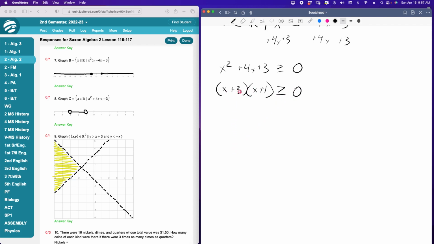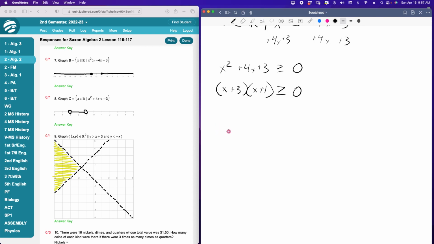Now, in order for this to be true, it has to be equal to 0, but we also have to understand the properties of being greater than 0. So we're going to split it up into two different parts.